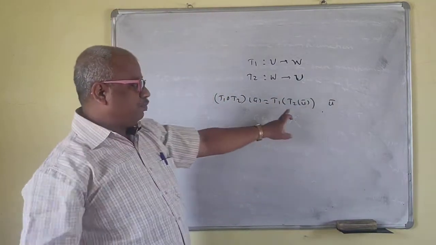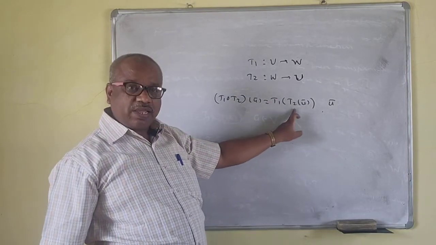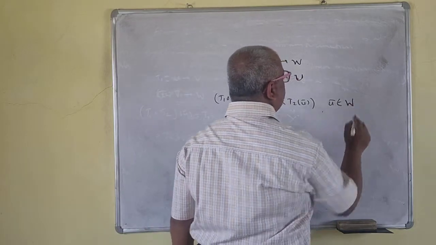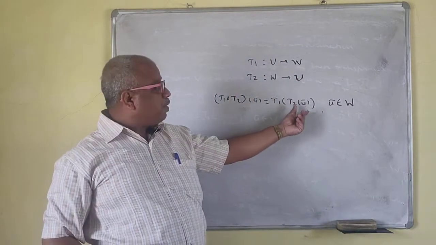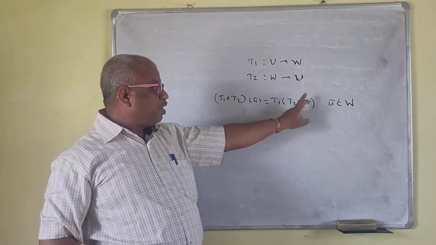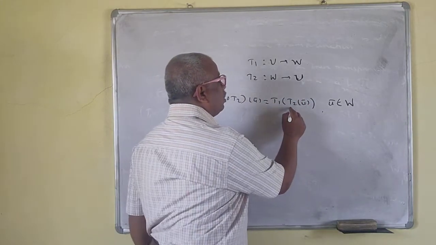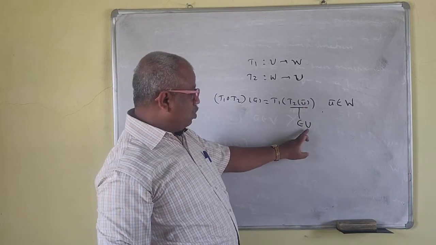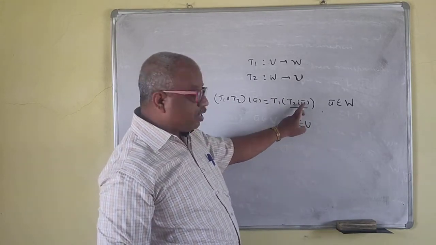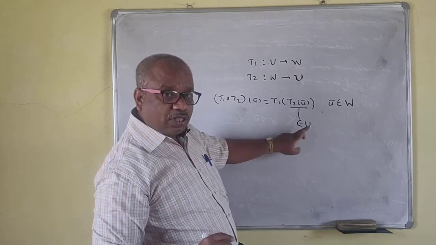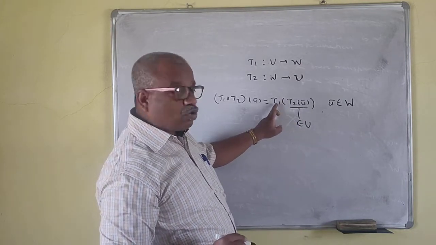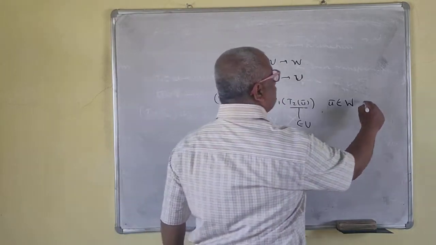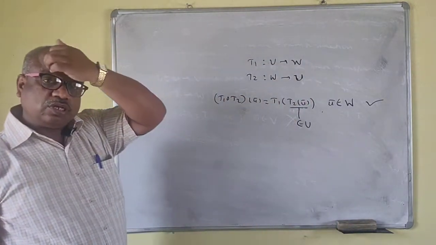You are applying T2 on U bar, and the domain of T2 is W, so U bar is in W. Now T2 of U bar is an element of U. So now you are applying T1 on an element of U. Can I apply T1 on an element of U? The domain of T1 is U, so you can apply. So T1 compose T2 exists.